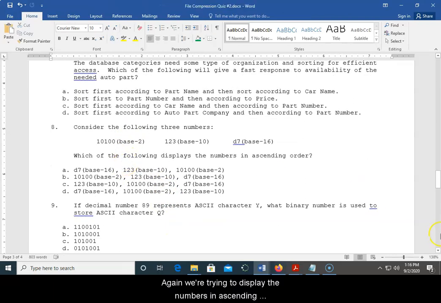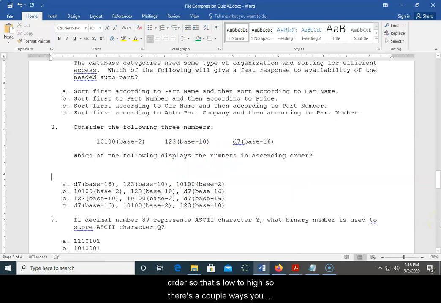8. Again, we're trying to display the numbers in ascending order, so that's low to high. So there's a couple ways you could do this, but probably the fastest. So let's see here. For this first one, I've got 1, 2, 4, 8, 16.